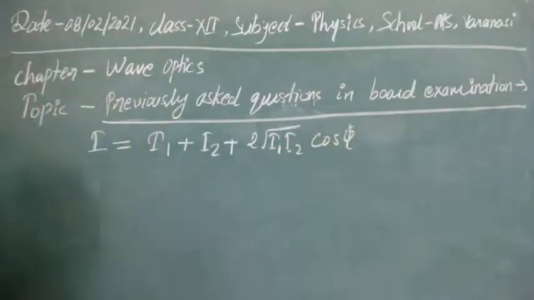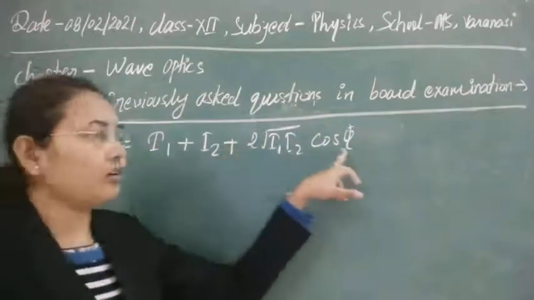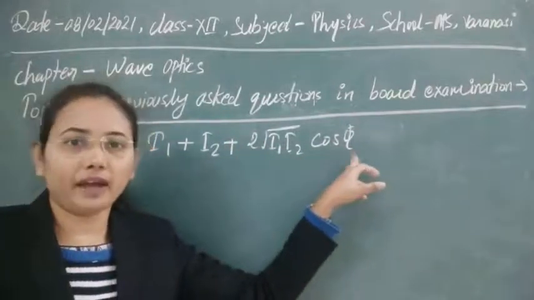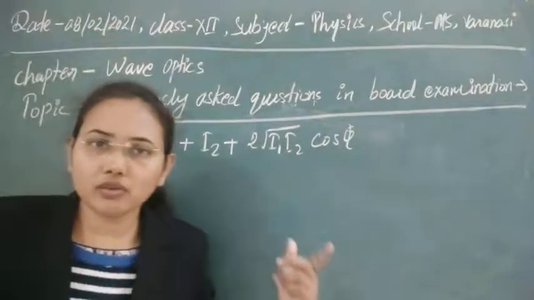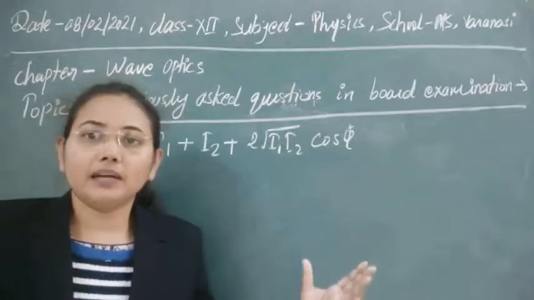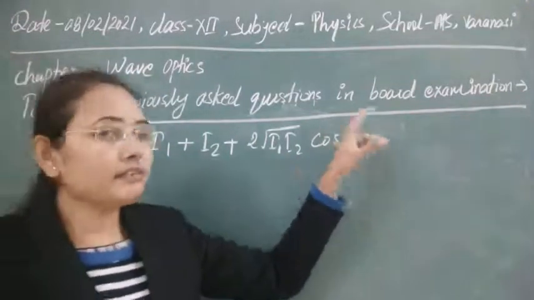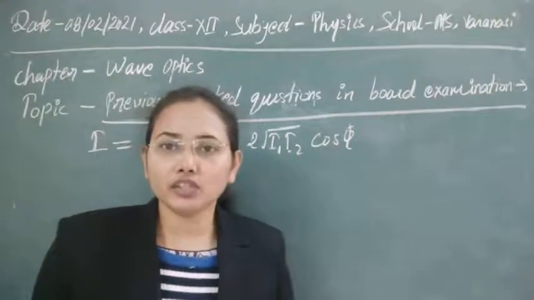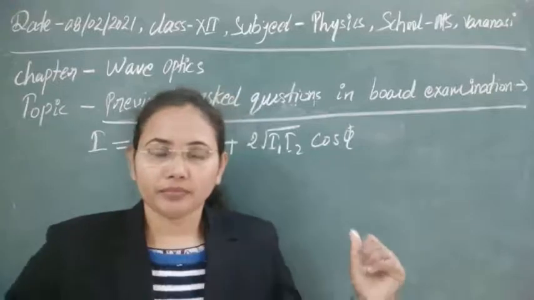If you see, this intensity depends only on the phase difference phi, as I1 and I2 are the intensities of the individual waves emitted by the sources. So obviously they are constant, but if the phase difference between them changes, then obviously the intensity will change.